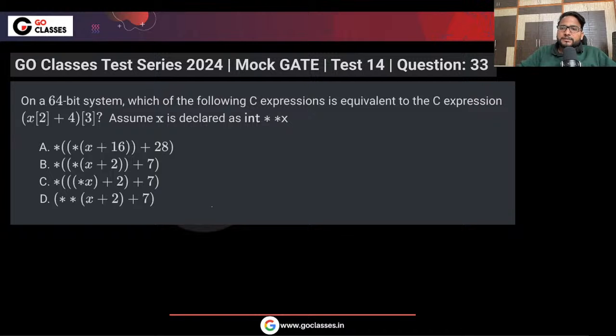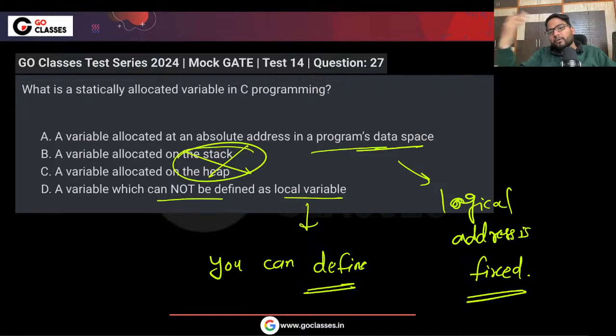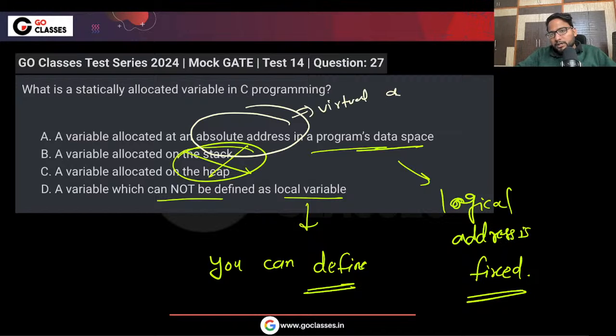So what about this question? Absolute address means virtual address? No, it depends on what actually you are saying. If it is relocatable, then yes, absolute address is virtual address. If it is not relocatable, then absolute address is also the physical address, because that's what you are saying, that it is not relocatable, this is fixed.